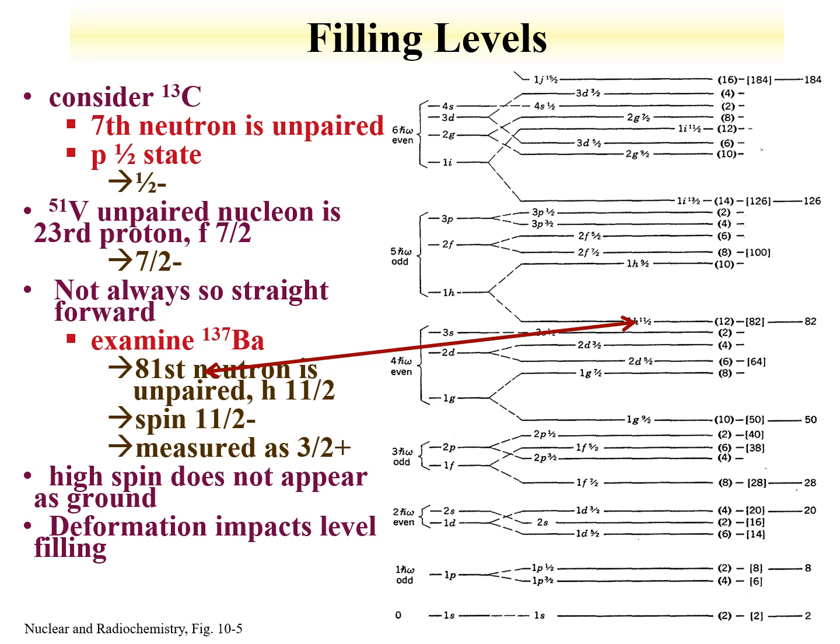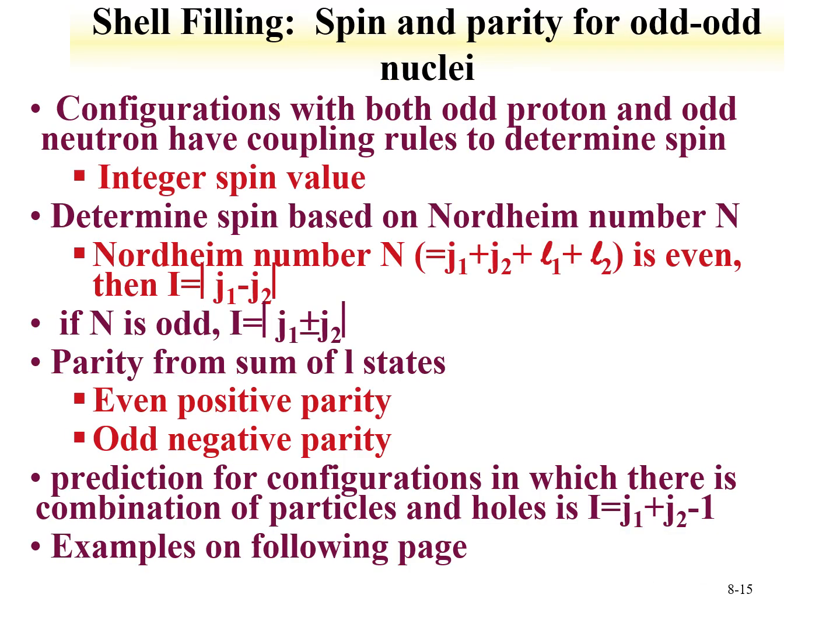And also the shell model is based upon a spherical nucleus. If the nucleus is not spherical, then the shell model will not actually predict the state. We'll discuss this in some later slides when we discuss the Nilsson diagrams. We've shown examples of determining the spin and parity for nuclei with one unpaired nucleon.